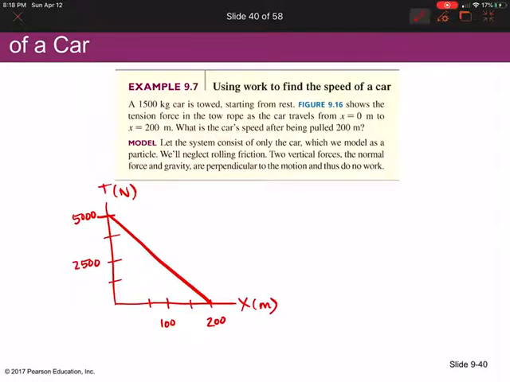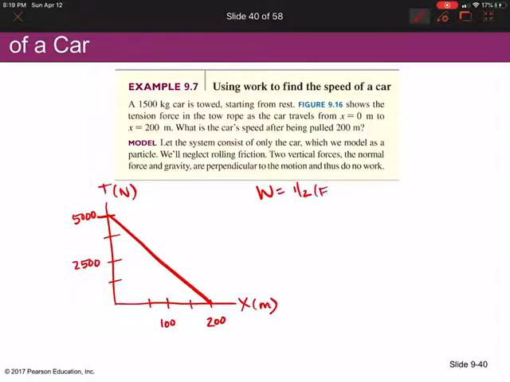All right, so then it goes like this. Okay, so this is saying that a 1,500 kilogram car is towed starting from rest. It shows the tension force going from 0 meters to 200 meters. What's the car's speed after being pulled 200 meters? Okay, so work is the area under the curve.